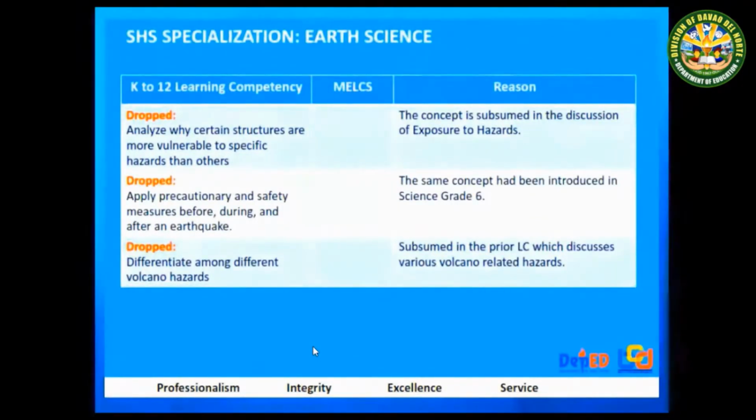For the reason, the concept is subsumed in the discussion of exposure to hazards and being introduced in Science Grade 6, and subsumed in the prior LC, which discusses various volcano-related hazards.